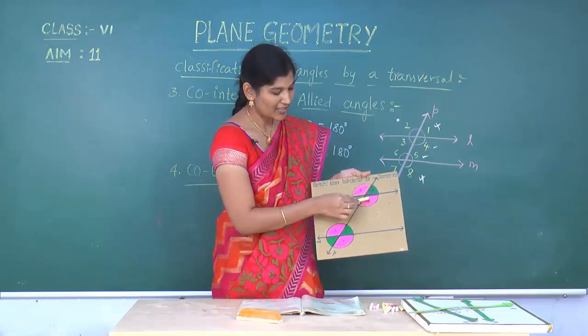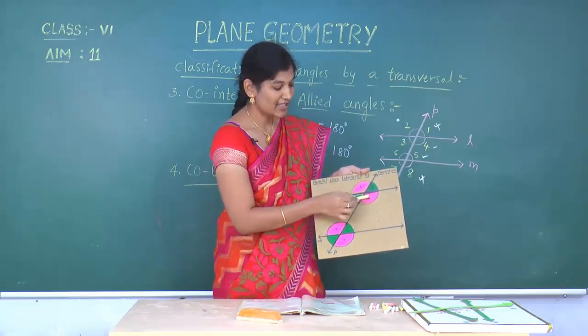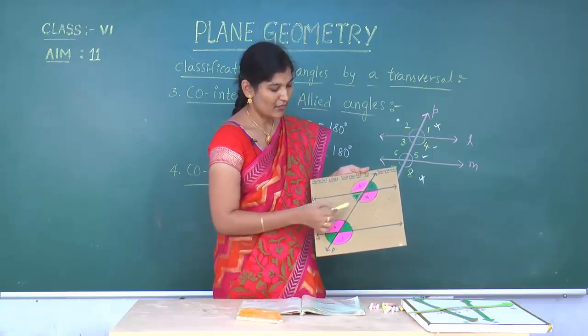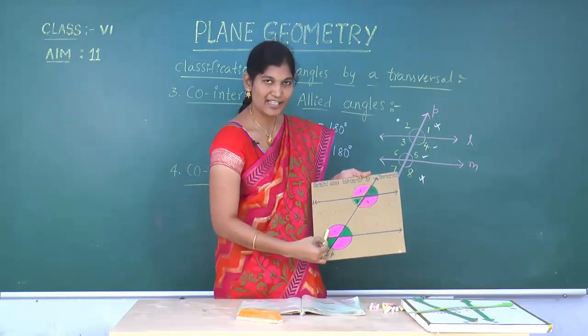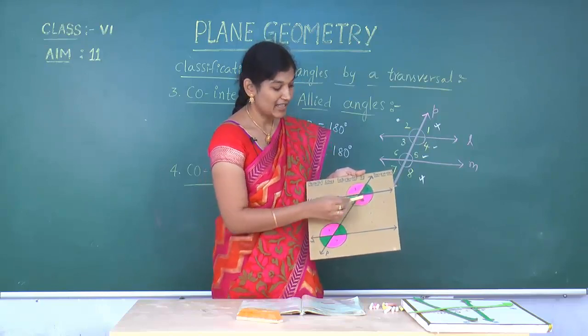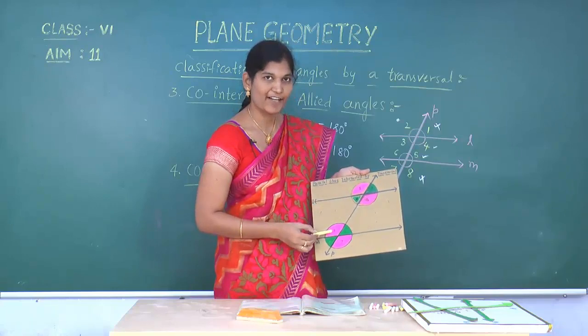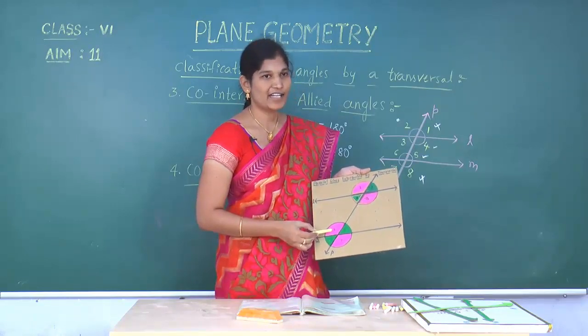Why? Because these two angles are lying on either side of the transversal. One is on that side and another one is on this side, and they are not adjacent, and they both are interior. So we can say angle 3 and angle 5 are alternate interior angles.